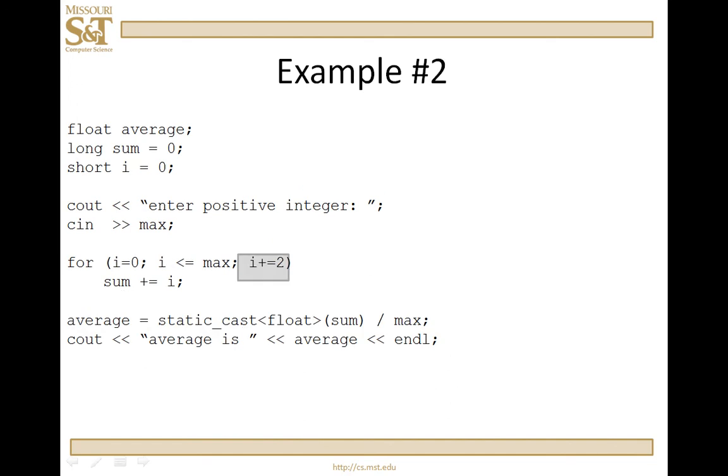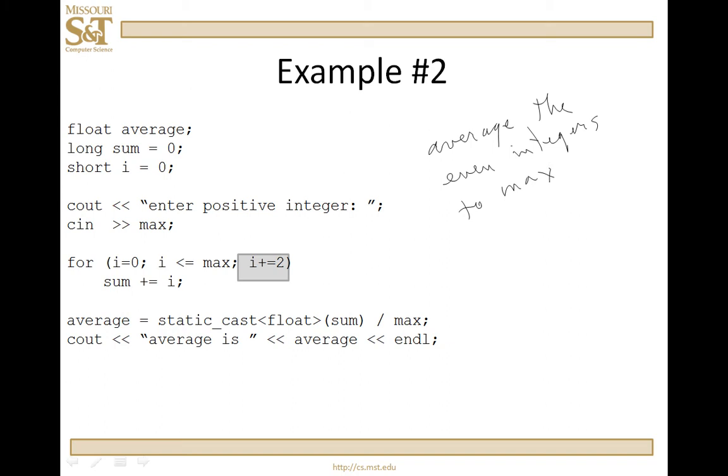Okay. Suppose I want to modify example 1 so that I'm not averaging all the positive integers between 0 and whatever max has been entered, but the even integers. So this is going to average the even integers to max.